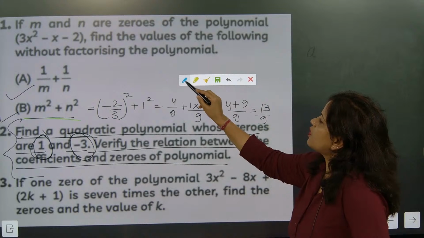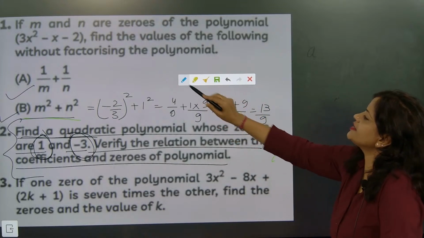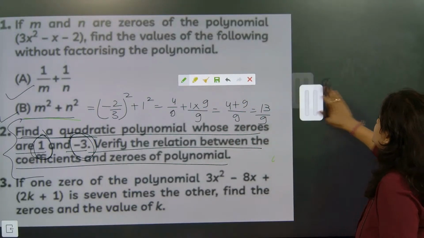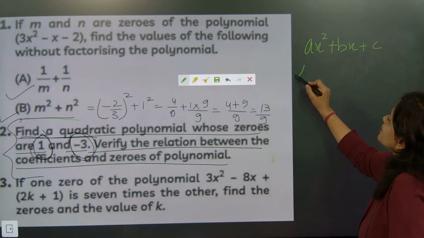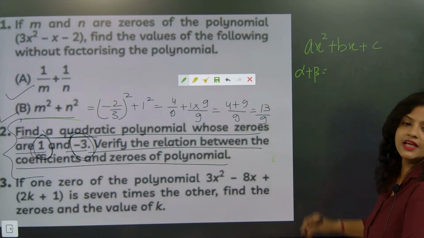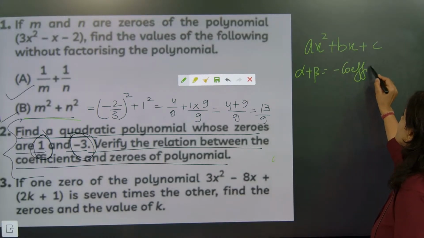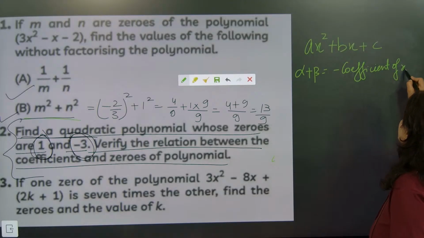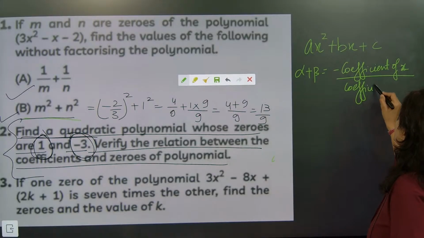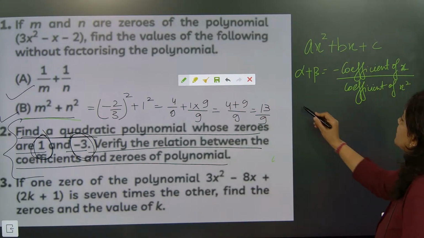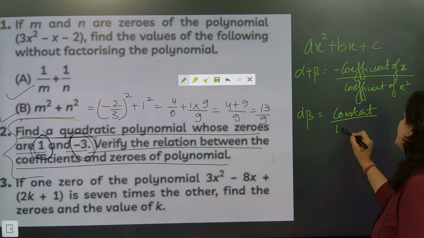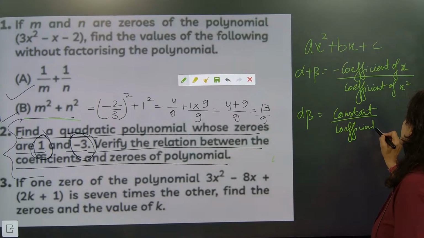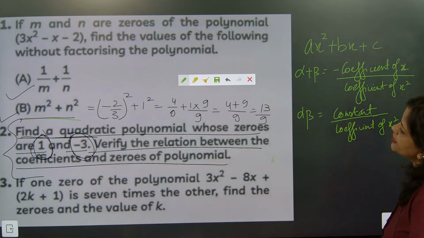Ax square plus bx plus c. So alpha plus beta, the sum, is minus coefficient of x by coefficient of x square. And then alpha into beta is equal to constant by coefficient of x square.